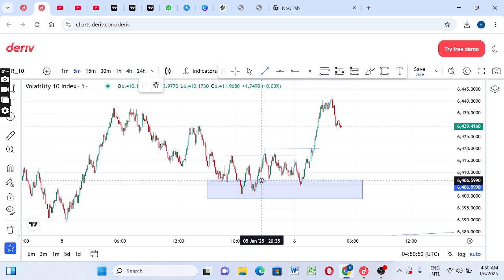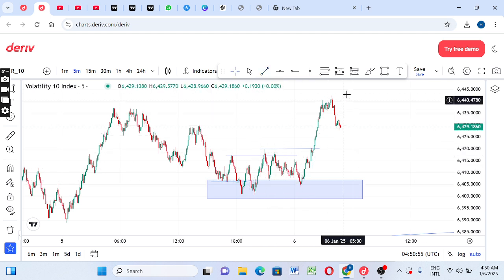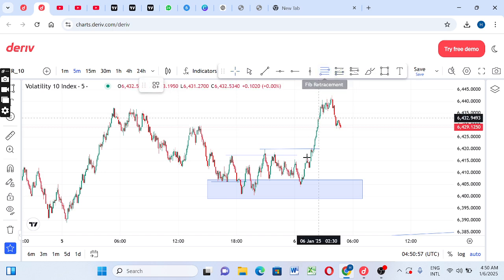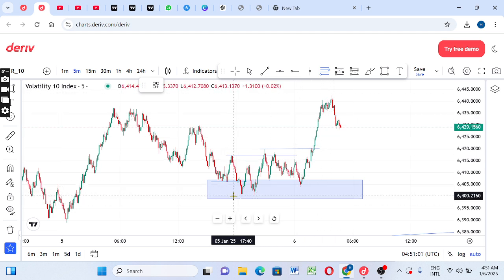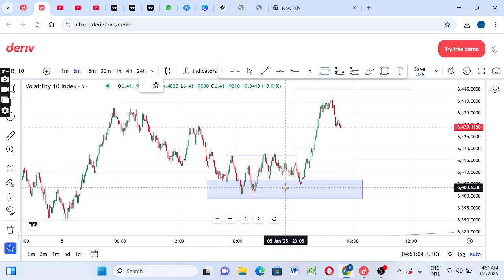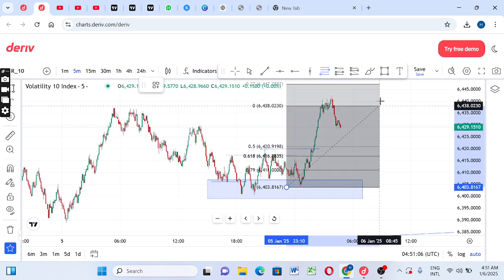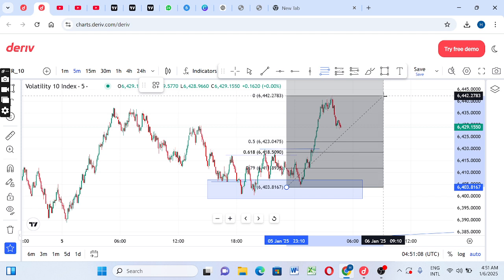But as the market always does, it will respect both of them. And if we look at it, both of the areas would almost tally. This break of structure from this swing low to swing high would also tally with this area here. Let's look at it. So we have price giving us this.